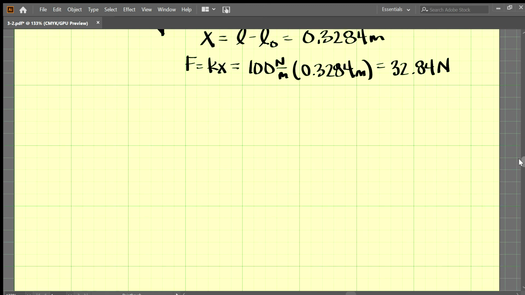In the stretch position, we have the two cylinders attached like this, and we have the spring forces acting in these directions. We know that these are 32.84 newtons.